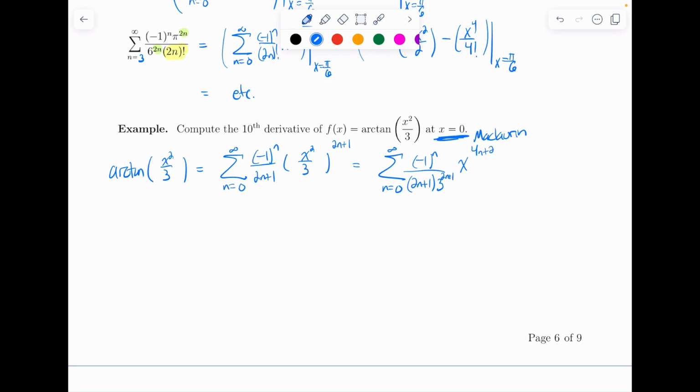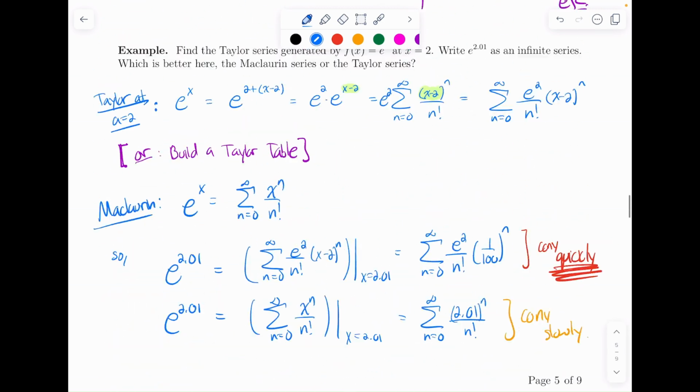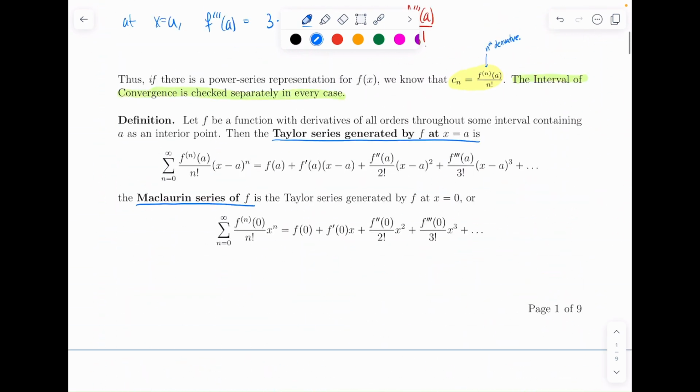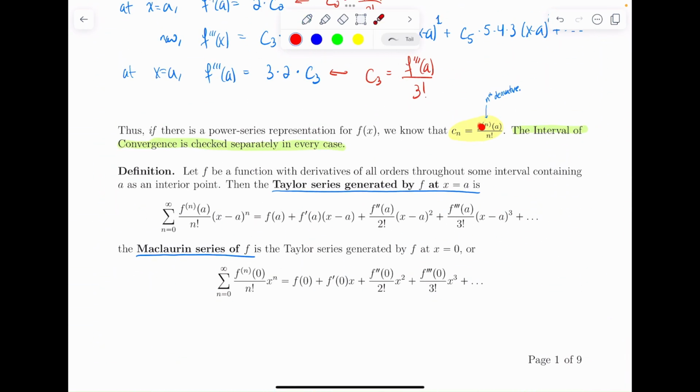Now, what do we want? We want the 10th derivative of this function, right? So we want the 10th derivative specifically evaluated at 0, but by Taylor's theorem, all the way up here, we know that we have this relationship, that the nth derivative, in this case the 10th derivative at 0, divided by n factorial is equal to c, in this case c10.